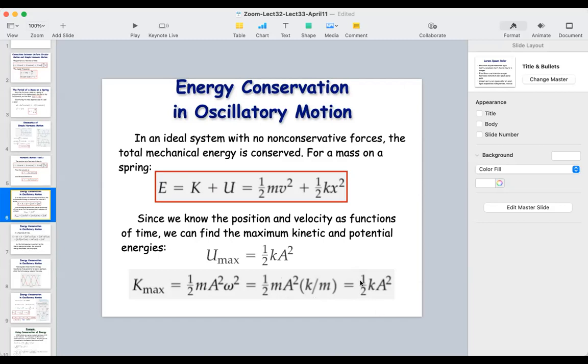So we can write it as 1/2 k A squared, which is essentially independent from the mass of the object. So the maximum kinetic energy can be expressed as 1/2 m A squared omega squared if you know A or omega, or in the case of a spring, if you know the spring coefficient, as 1/2 k A squared.